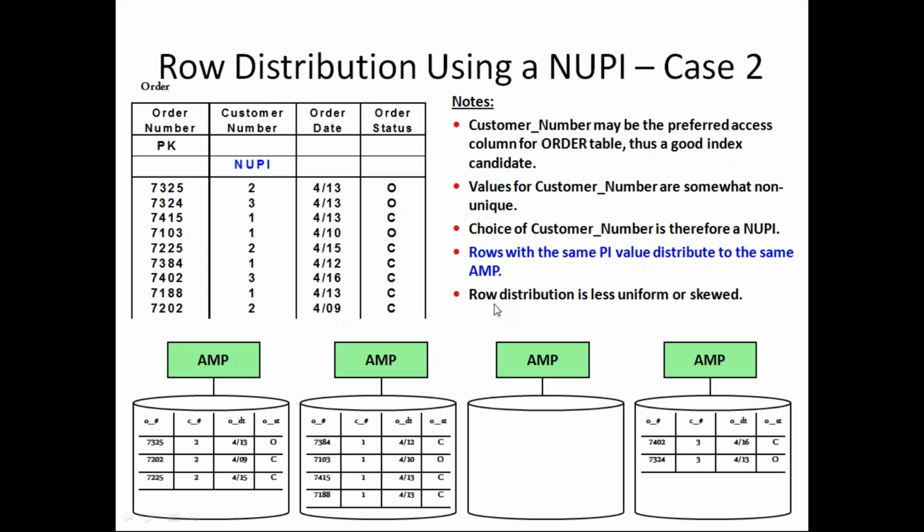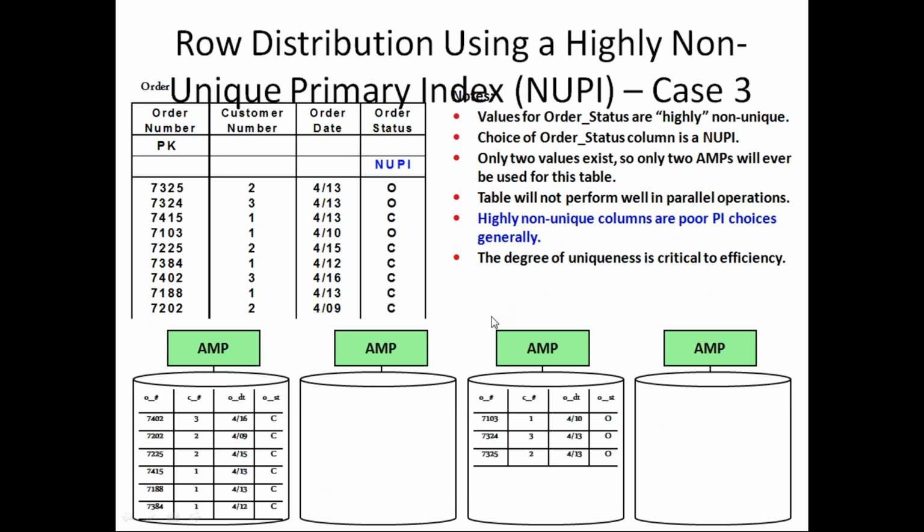There is one more example which can clearly tell you what skew is. Let's suppose I take order status as my non-unique primary index. How many unique values are there? Open or closed order status. If I choose order status as my non-unique primary index, then all O's would be stored in 1 amp, all C's would be stored in 1 amp, and the other 2 amps are empty.